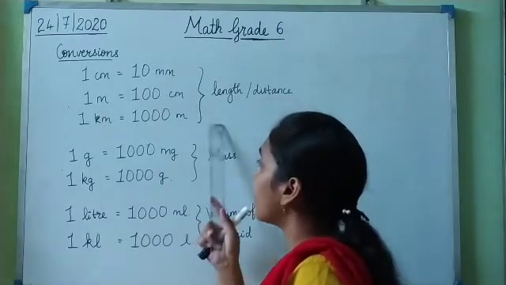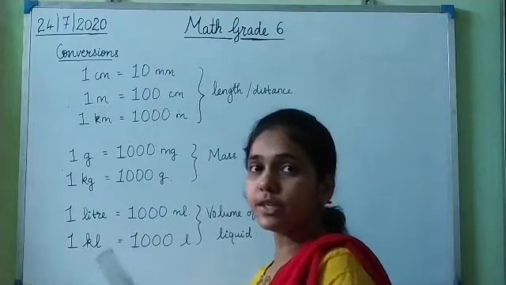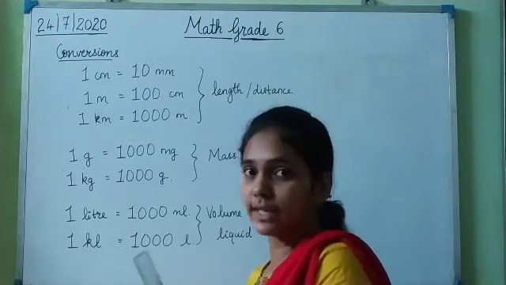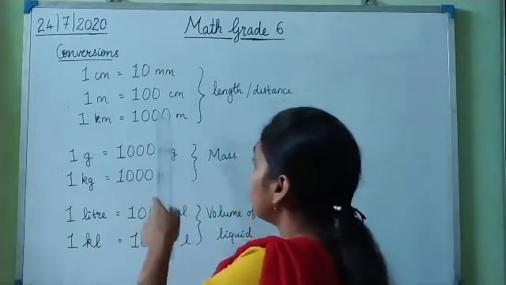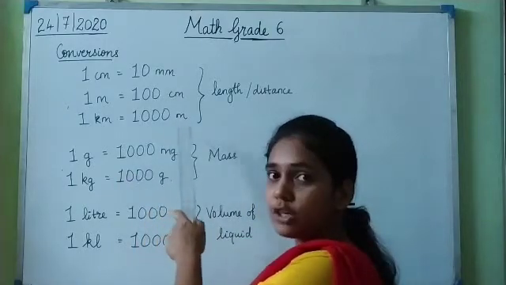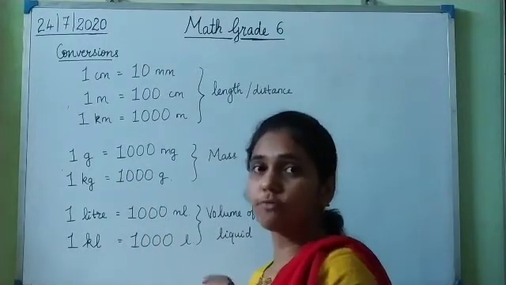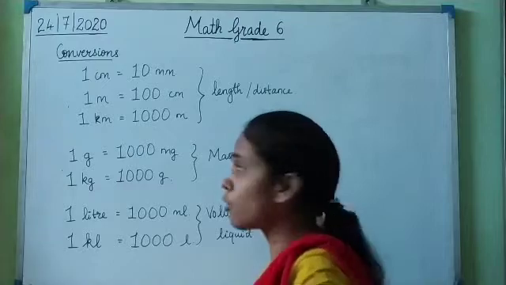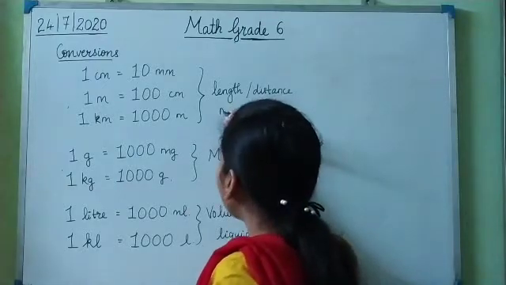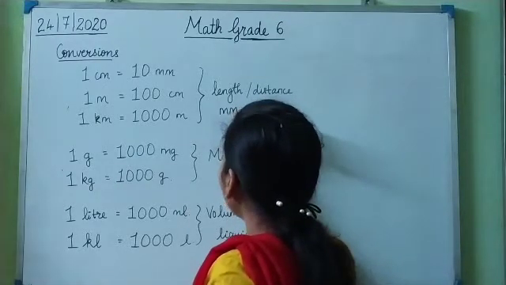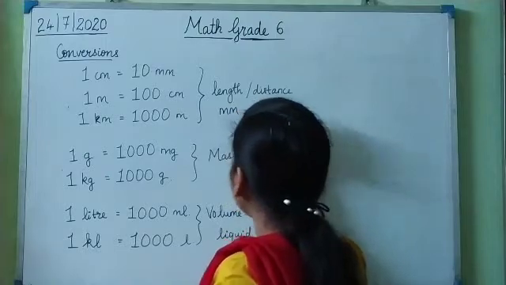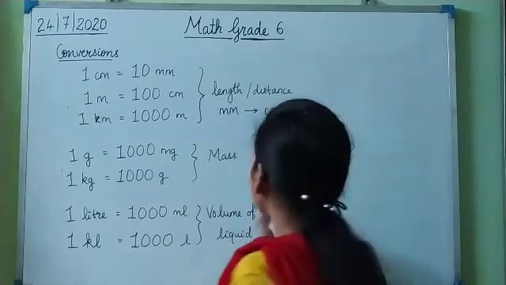First is length: how to convert units of length. From all these, the smallest unit for measuring length is the millimeter. Then comes the centimeter, which is greater than the millimeter.